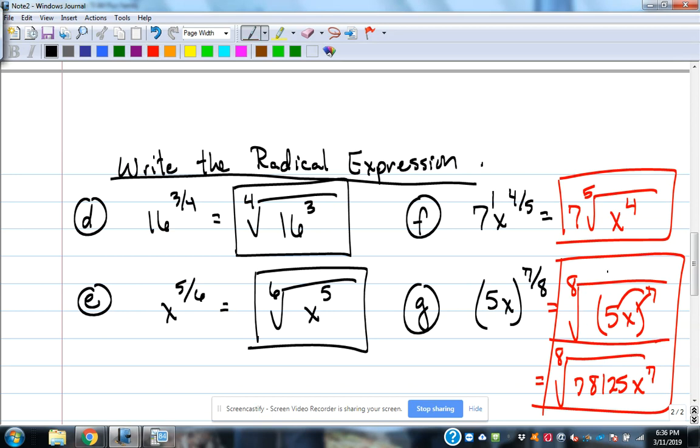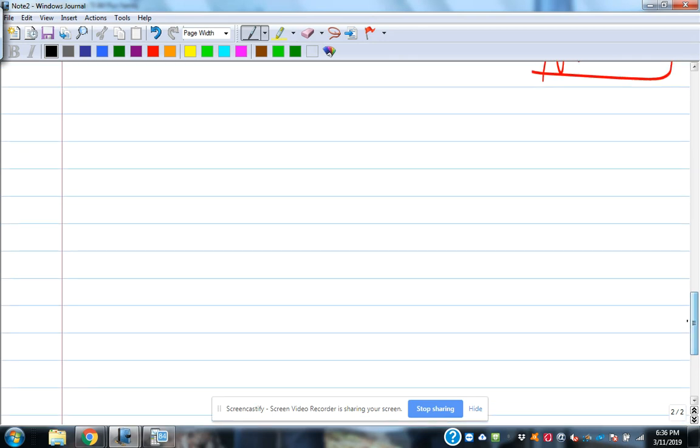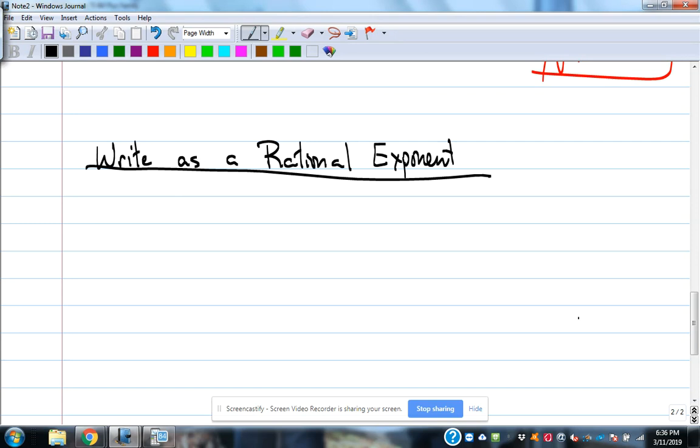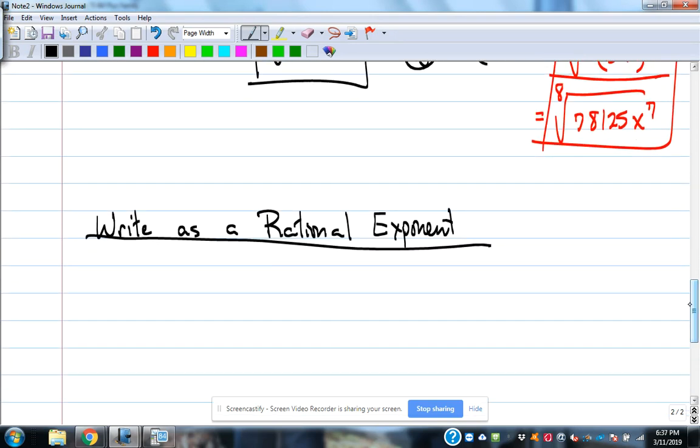Let's take a radical expression and rewrite it as a rational exponent expression just to get that practice. So we're going to write as a rational exponent the 7th root of x to the 3rd.